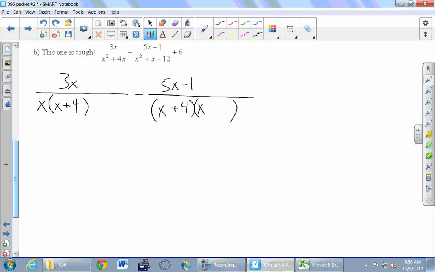So I think a plus 4 and a minus 3 will do it. Okay, and I'm going to leave a little bit of space on that guy too. And then plus 6. Now 6 is really just 6 over 1. And there's nothing to do with that. I've just made it a fraction.